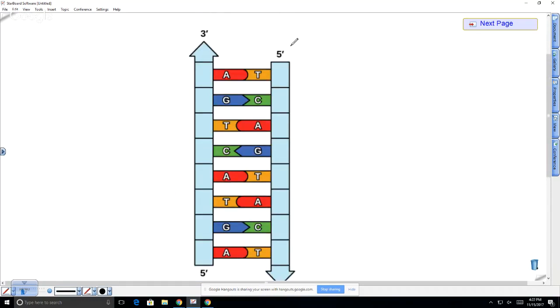This is just a picture. This would be the sugar phosphate backbone, and these are the base pairs. When I say that there's 3 billion base pairs in our genome, that means there are 6 billion nitrogenous bases in our genome, because if there's 3 billion pairs, this would be a pair, and each one is a base. So there would be 6 billion bases in our genome.